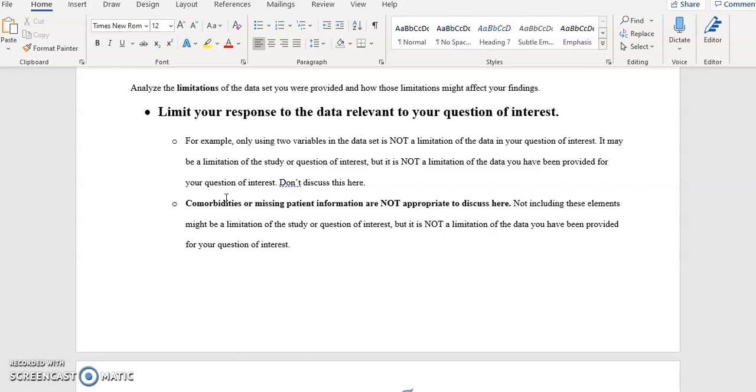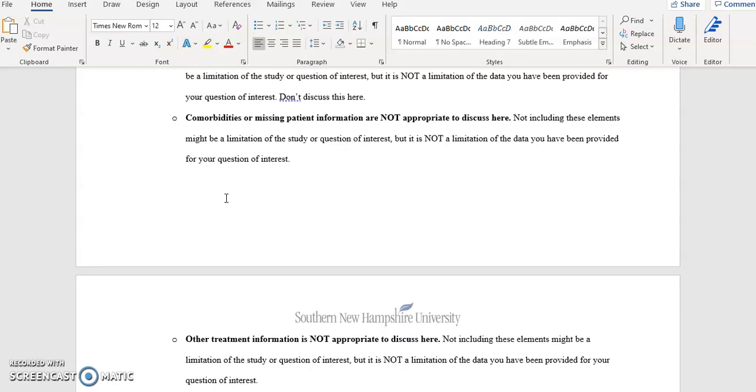Don't discuss that, oh, I wish we had this variable and that variable. A lot of you are healthcare professionals and you want to get all this other nursing or medical data. We're not looking at that. We're looking at statistical limitations. So don't discuss the fact that you don't have comorbidities here or there's other missing patient information. Those might be limitations of the study or of the question of interest, but they're not statistical limitations of the data you've been provided.